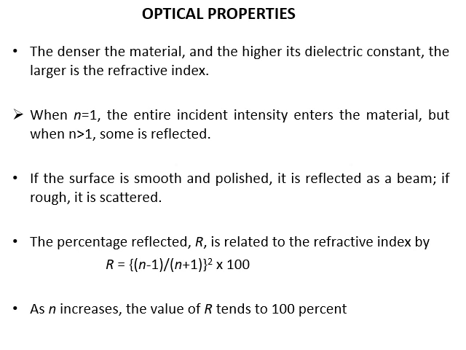Whenever n is equal to 1, the entire incident intensity of light enters the material. So n equal to 1 is considered transparent, but whenever n is much bigger than 1, some light might be reflected if the surface is smooth and polished.